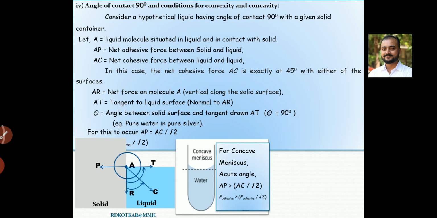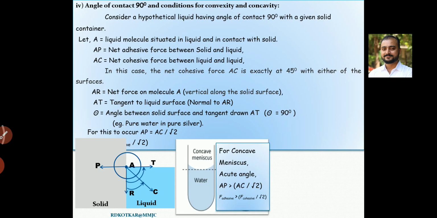In this case, the meniscus is concave, the angle formed is an acute angle, and the important thing is the relation between AP and AC. AP should be greater as compared to AC by root 2, meaning the value AC by root 2 should be smaller and AP should be greater.